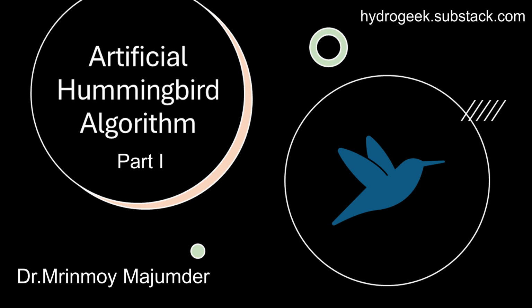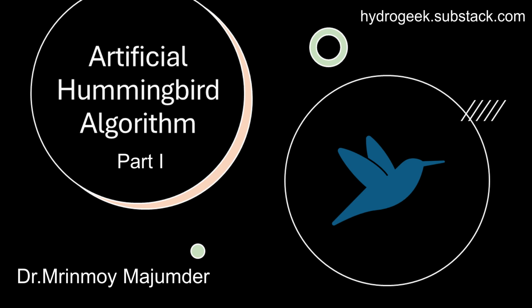So it has to select among these five flowers from which flower it will drink the nectar. At that time, it prefers the flower which has a very high nectar refilling rate, right? So the flower with the highest nectar refilling rate, it will go and take the nectar from that flower.